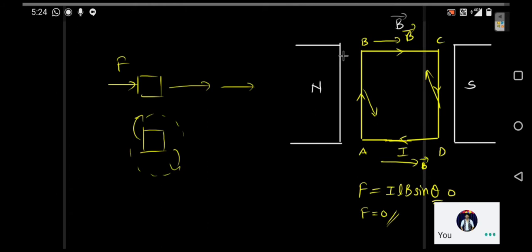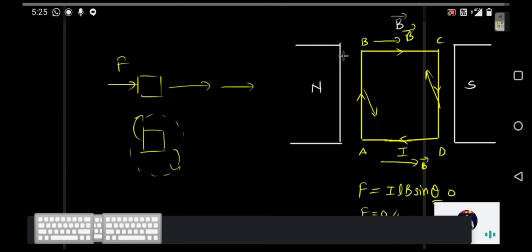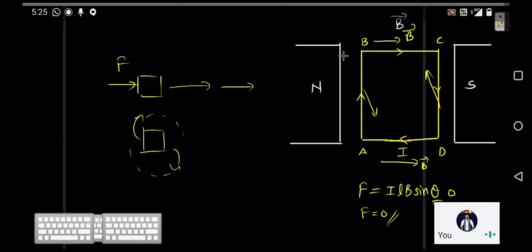It becomes a couple: two equal and opposite forces acting at two different places. So when these non-collinear forces act on this body, the body will start rotating. As the body starts rotating, we say that the torque is acting on the body.